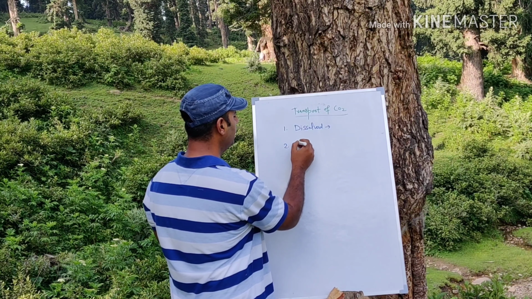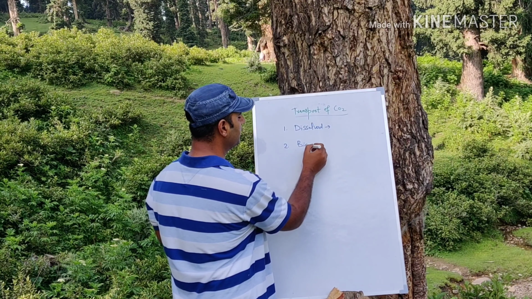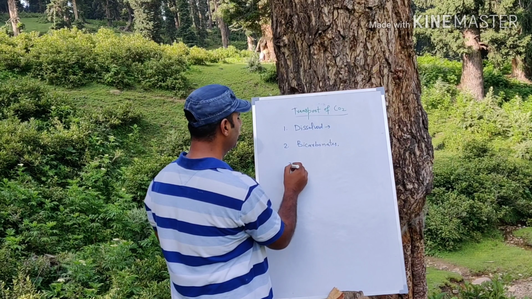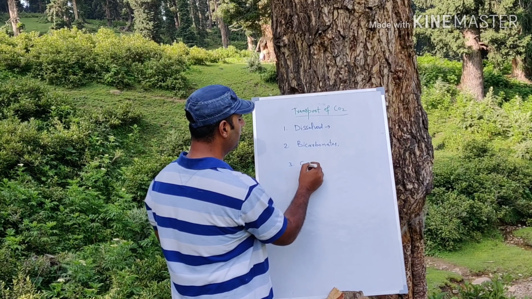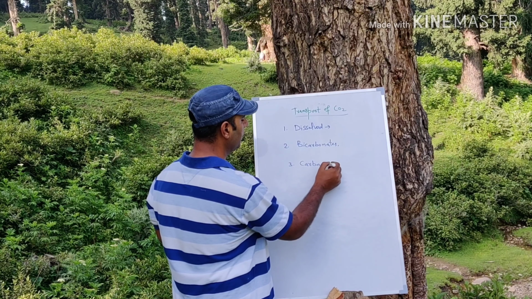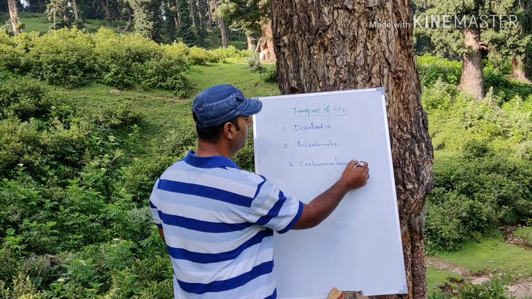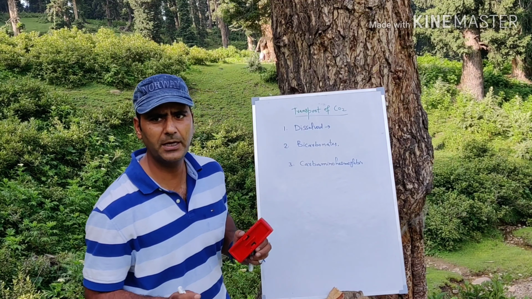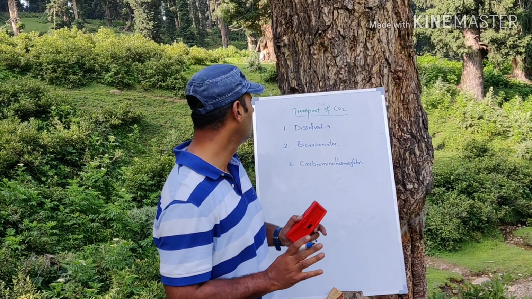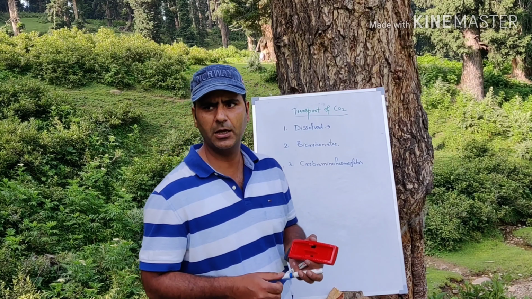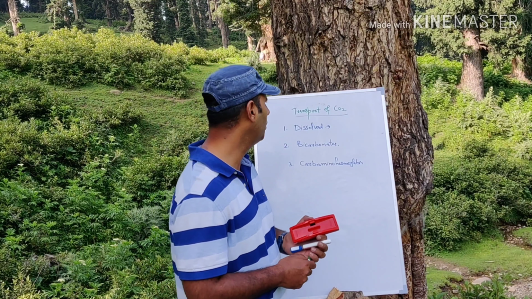Second, in the form of bicarbonates. And third, in the form of carbaminohemoglobin. One is the dissolved form, second is the bicarbonate, and third is the carbaminohemoglobin.